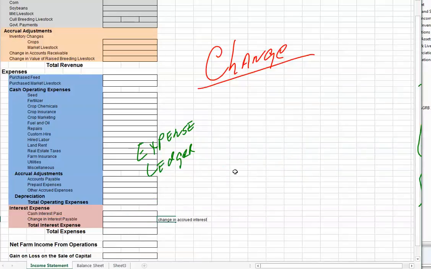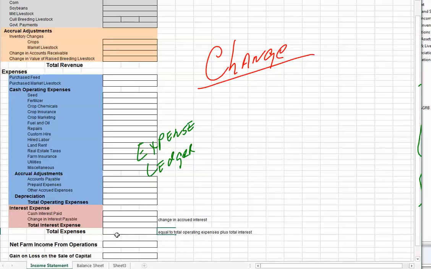Once you get the interest total, in other words, the total interest is simply the cash interest plus the change. When you get the total interest, then your total expenses right here is simply equal to total operating expenses plus total interest.